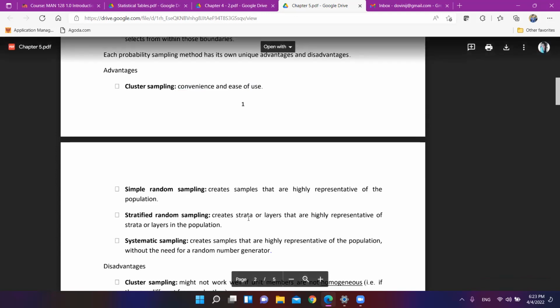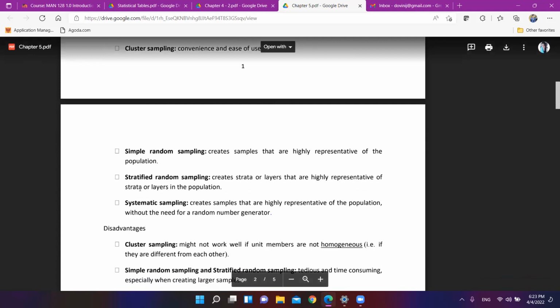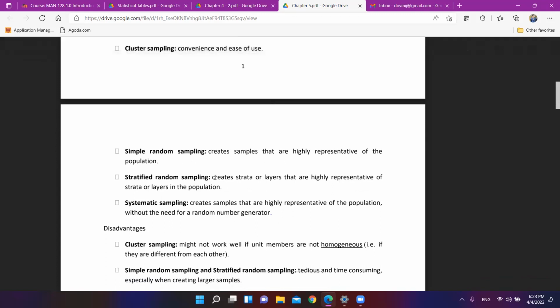Stratified random sampling creates strata or layers that are highly representative of the strata or layers in the population. If we split into male and female, it is highly representative. If we don't split into strata and just go for simple random sampling, one group might be missed. Think there are about 6 groups, like age groups.